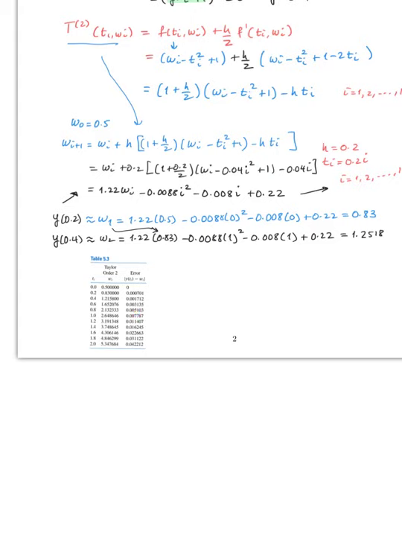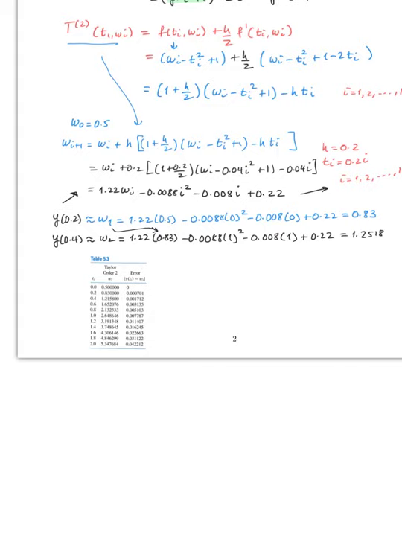It's important to notice that the error is actually increasing, not decreasing. You can see that. And just keep in mind that we're only doing order 2. If you wanted to do order 4 or 5 or 6, you would have to do a lot more computations.